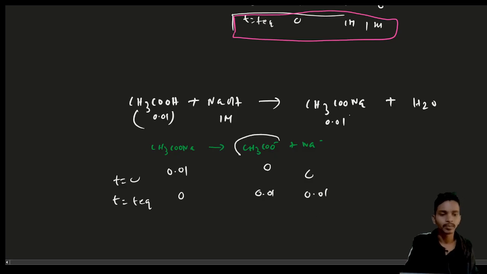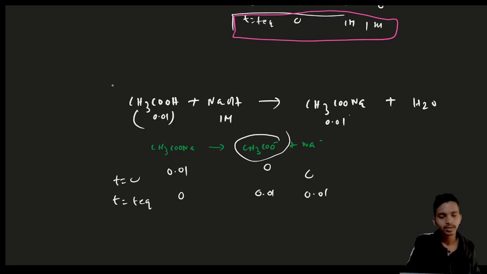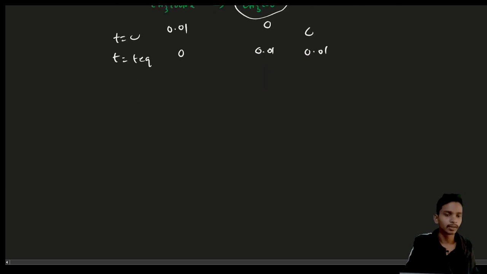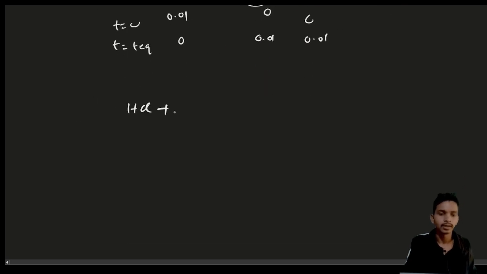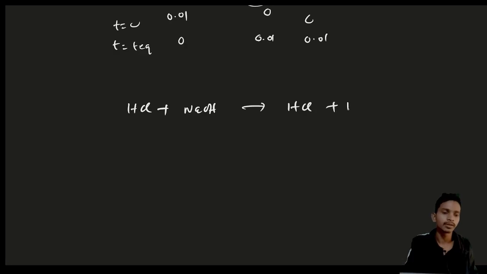So this again makes a problem of common ion effect. So whenever I add one drop of NaOH, what happens, this H falls. In the other case, HCl plus NaOH become NaCl plus water. So this is 1 molar, this is 1 molar, and this will become 1 molar at T equilibrium.